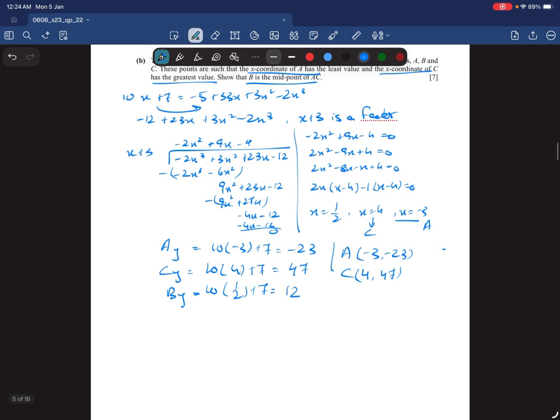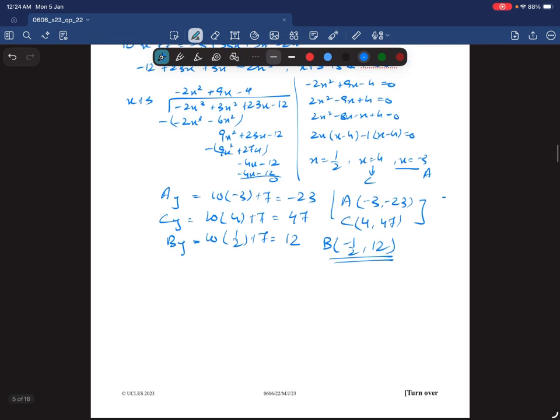Okay, so we should show that the midpoint of these two should be equal to this. Let's see.